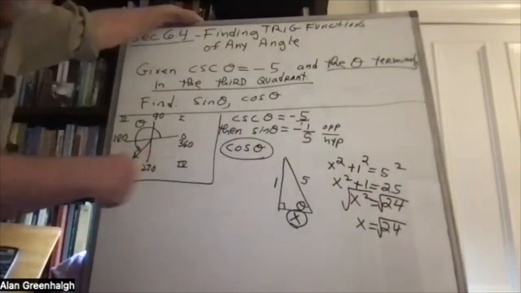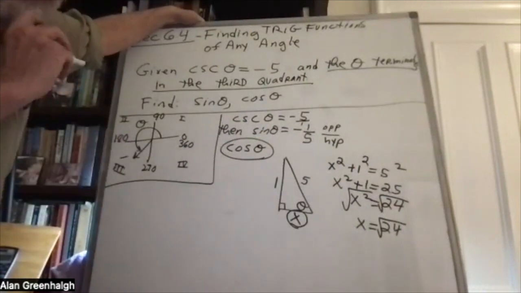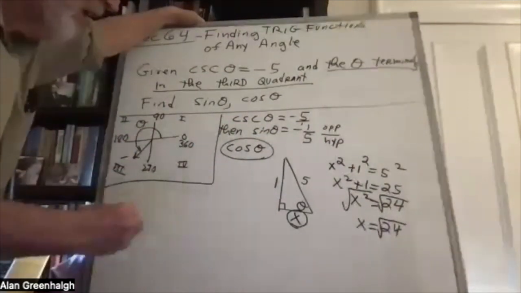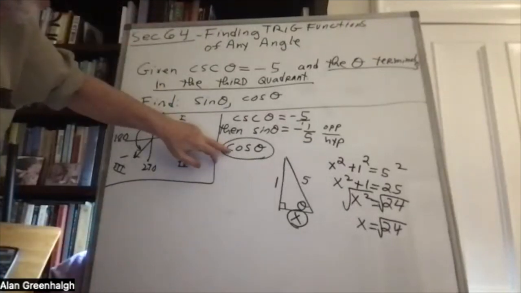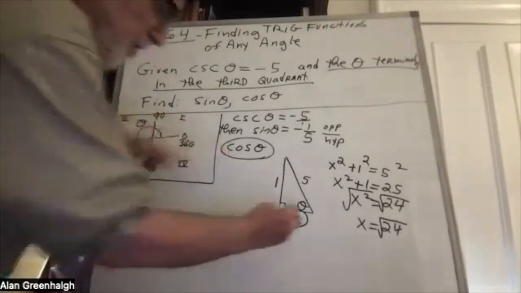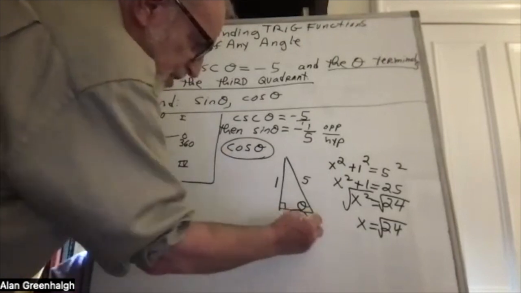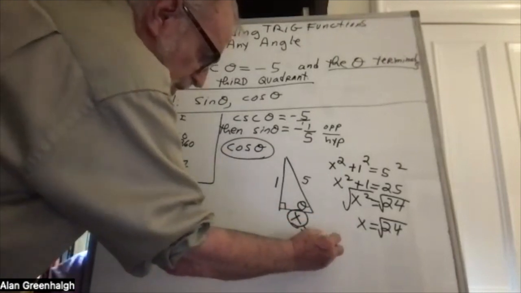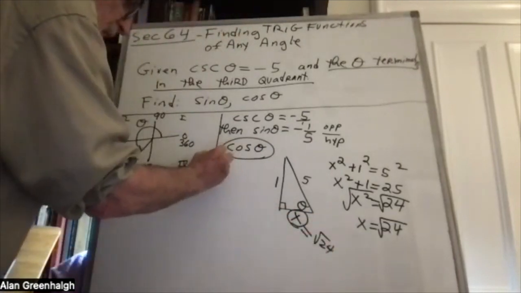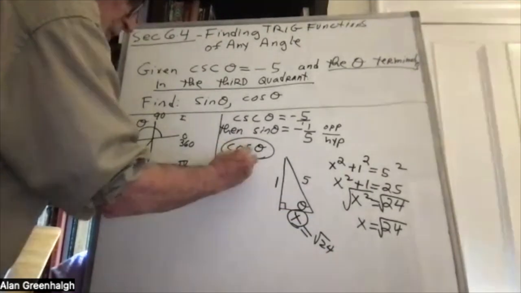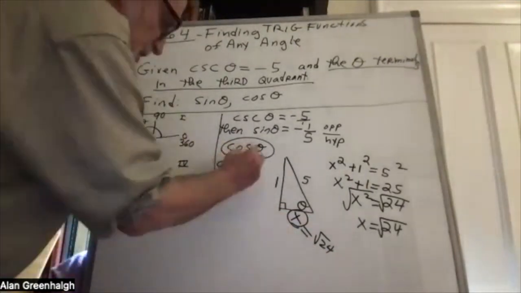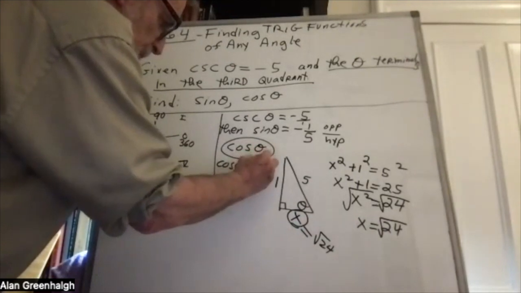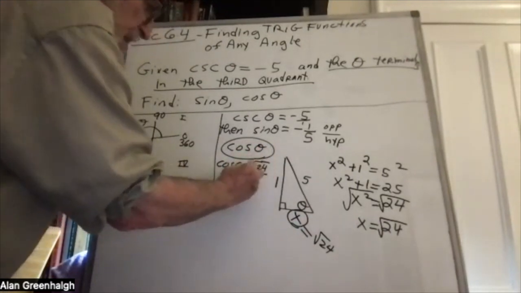We'll get to simplifying it in a little while. Let's first get the cosine. So the side adjacent is the square root of 24. Therefore, the cosine of theta is going to be equal to the adjacent over the hypotenuse.